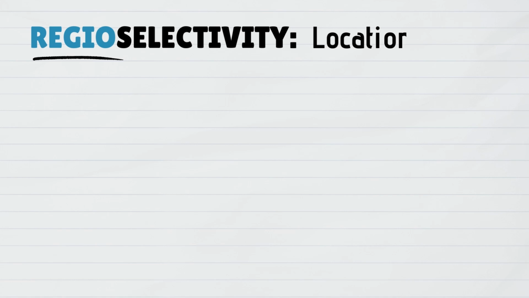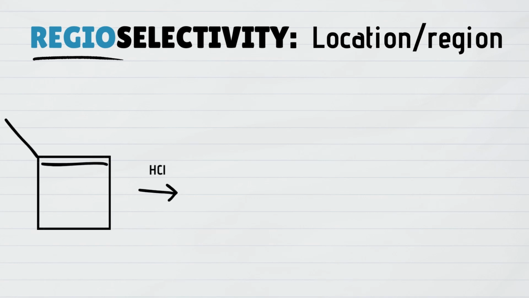Alrighty, now regioselectivity is when the atoms add to a specific location on the double bond, or region of the double bond. Will an atom bond where there is more substituents? So we're going to use the same substrate, but we're going to react it with HCl, or hydrochloric acid.